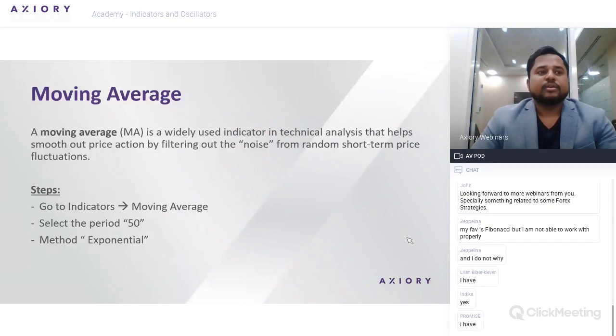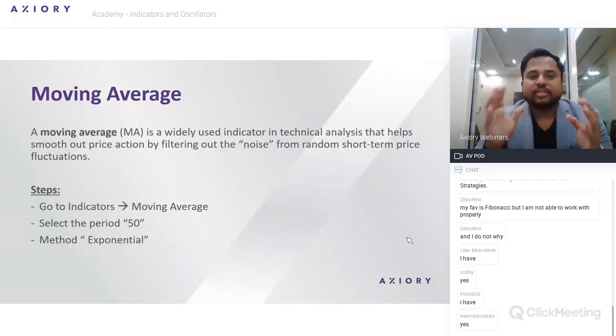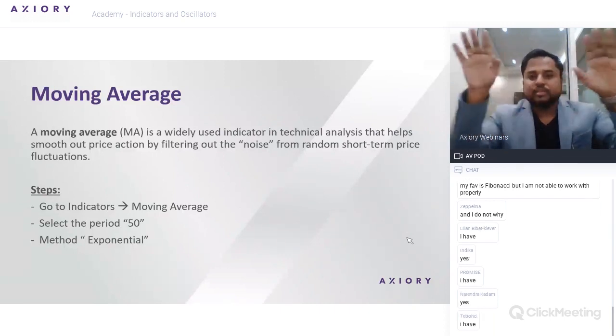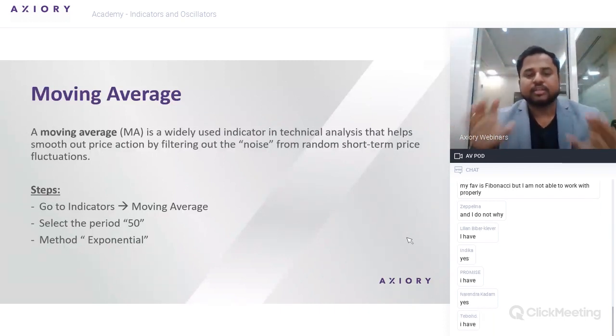Okay, so actually, what is an indicator? I will explain the basic difference between naked price action and an indicator. An indicator is actually a derivative of the price. What you see in the chart is the real price, but we can use some indicators for assisting our decisions.